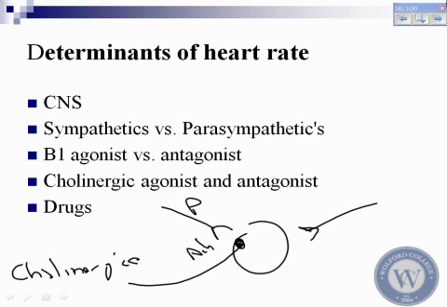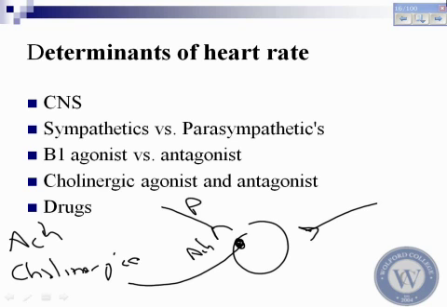Okay? It also sometimes will be called an acetylcholine receptor as well. So acetylcholine receptor or a cholinergic receptor is the same thing. Okay? And that sometimes confuses students. Those are agonists. So if I give you a cholinergic or acetylcholine receptor action, you would expect the heart rate to decrease. Okay, that's a vagus effect.